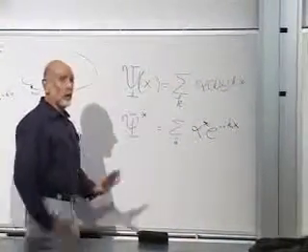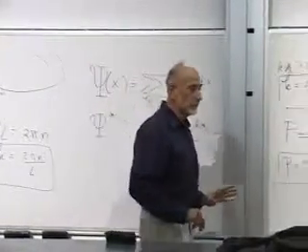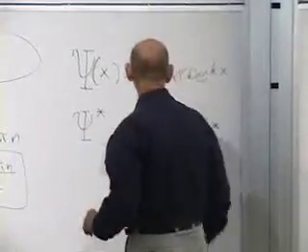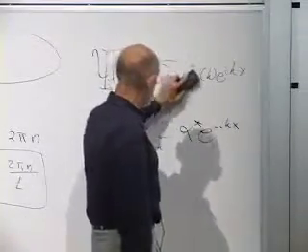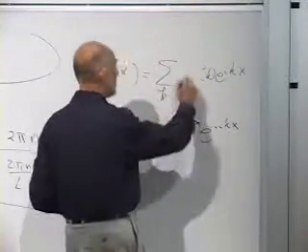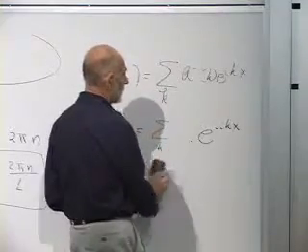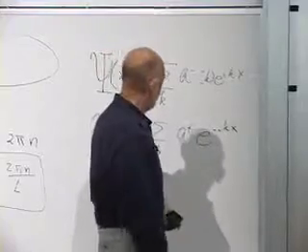And then you say the definition of the quantum field is simply replace the alphas by the creation and annihilation operators. A minus of k, A plus of k.